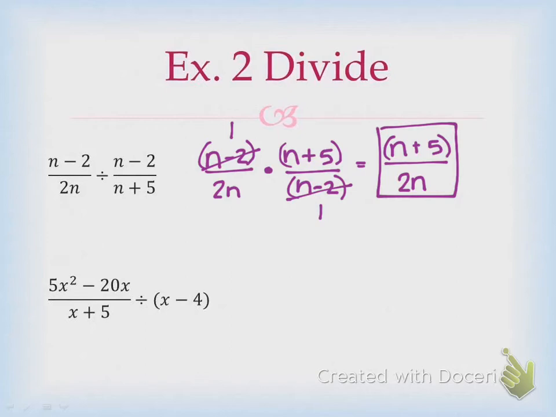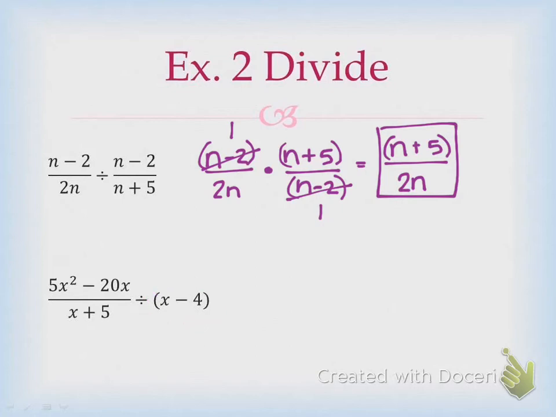So division is the exact same thing as multiplication. We just know we've got to keep, flip, change. Remember that? So we flip the second fraction, change it to the reciprocal, and change our expression to a multiplication. So what happens if the second problem that you have is not a fraction?